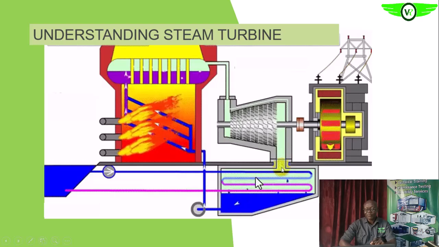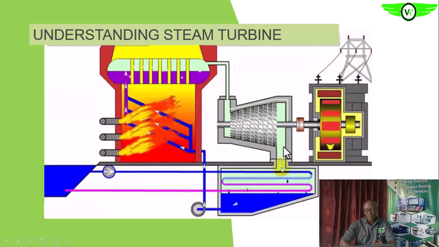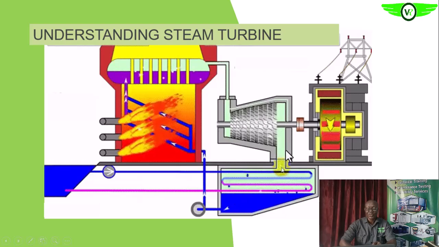Remember we said here we may have non-condensable gases after the condensation of the steam to water. This is the hot well of the steam turbine. Those non-condensable gases, if we allow them to remain here, will increase the pressure in the exhaust section, thereby reducing the efficiency and preventing more steam from flowing through.